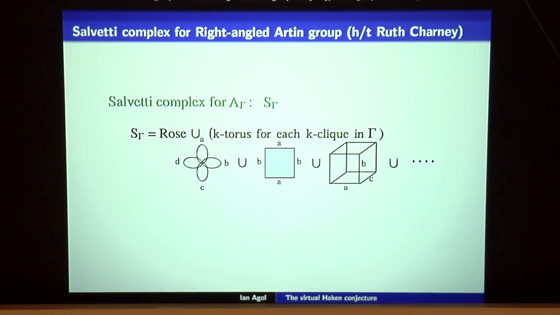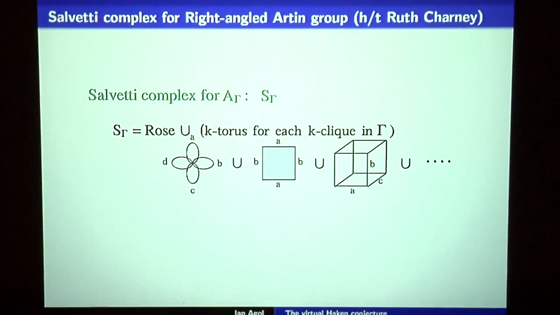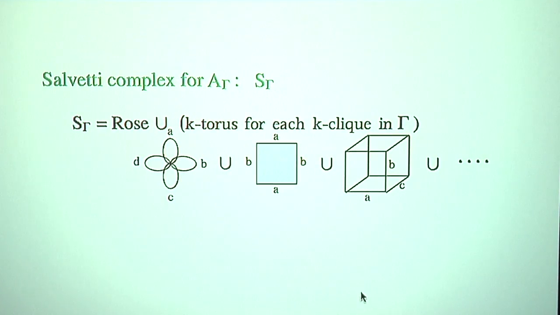So associated to these right-angled Artin groups, there's a very nice cube complex. The one-skeleton is a wedge of circles, one for each vertex of the graph, and then I put in a torus every time I see a commutator: I throw in a commutator relator there, and that gives me a torus.